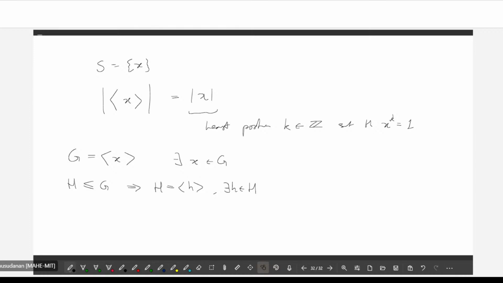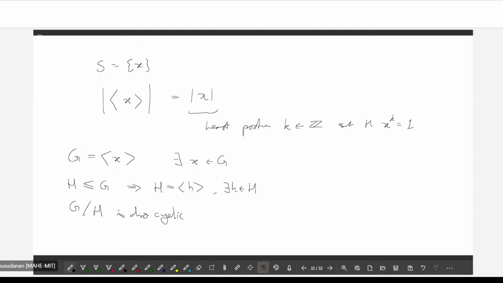Quotients of cyclic groups are also cyclic, G mod H is also cyclic. I have to say H is a normal subgroup. A cyclic group is abelian, so every subgroup is normal, so every quotient of a cyclic group is cyclic.